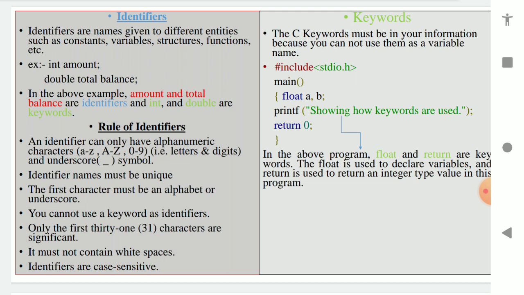Keywords. The C language keywords must be known to you because you cannot use them as variable names. For example, #include <stdio.h>, main(), curly bracket, float a, b;, printf, showing how keywords are used, return answer; close.